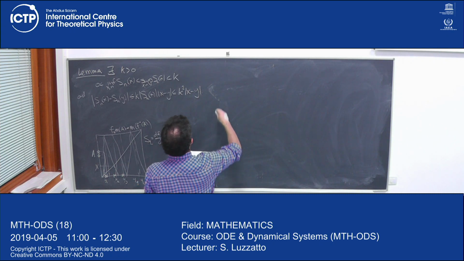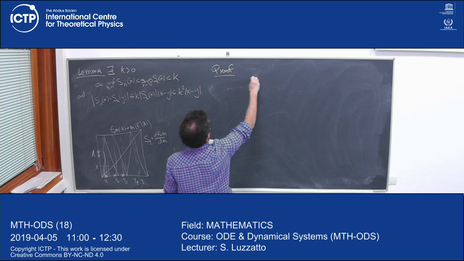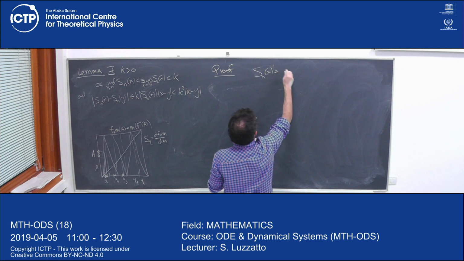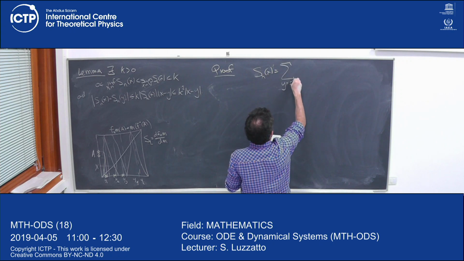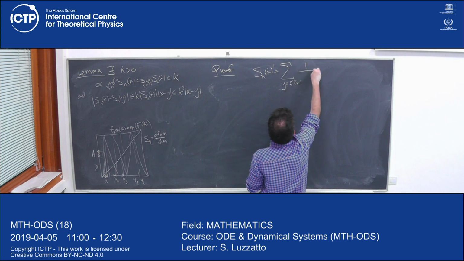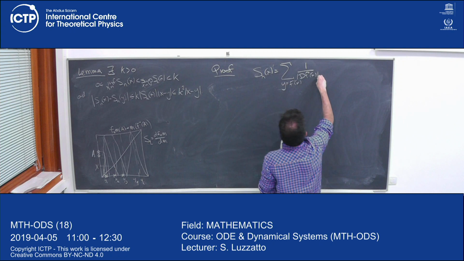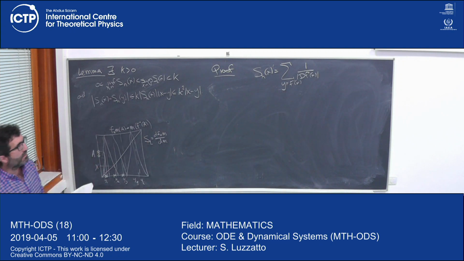Remember that we've got Si, so let's write it as Sn. Remember that Sn of x is equal to the sum over y in f minus n of x of 1 over dfn of y. This is the definition of Sn. So this is what we need to prove, that that is uniformly bounded.